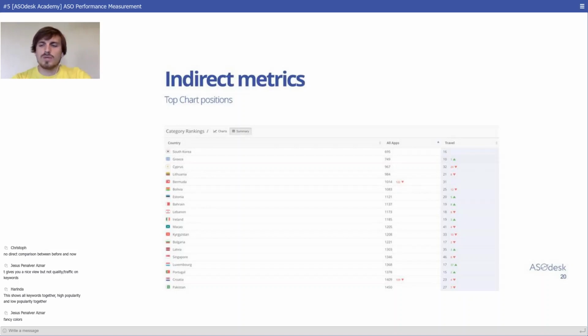I just want to outline one important thing about indirect metrics and the top chart position that I probably mentioned yesterday. Let me remind you one more time: when your app changes, your app chart position doesn't change your position by the keywords. It is rather the other way around.